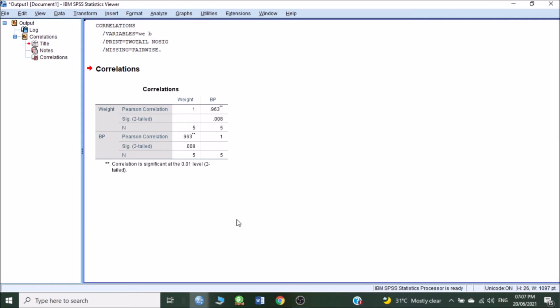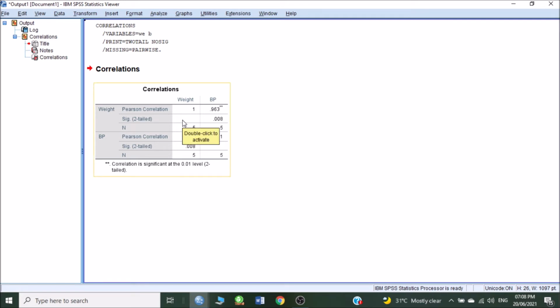After giving the OK, you get some output screen. In the output screen, weight, blood pressure, Pearson correlation, significance two-tailed, and N meaning number of observations are mentioned. The number of observations is only 5.